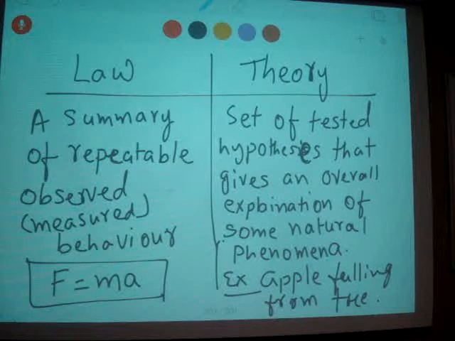And it's not measured, but you can observe. It happens, and we accept that any fruit is falling down the tree, right? So that's the difference. Law is mathematical expression, F equals ma, and this is theory, natural explanation.